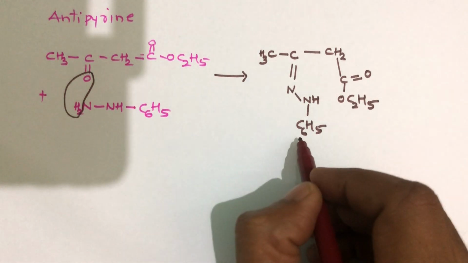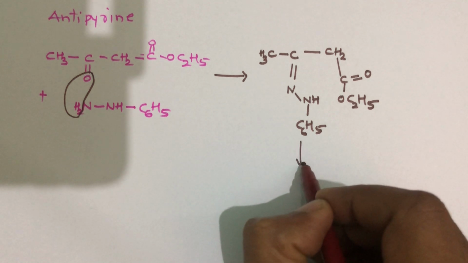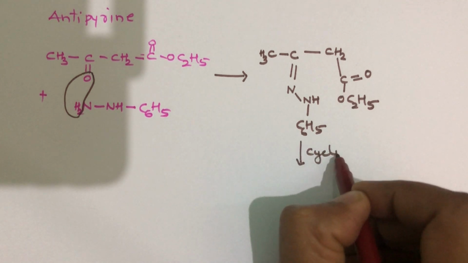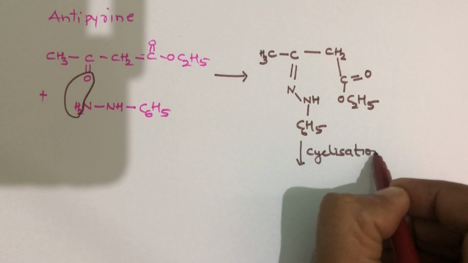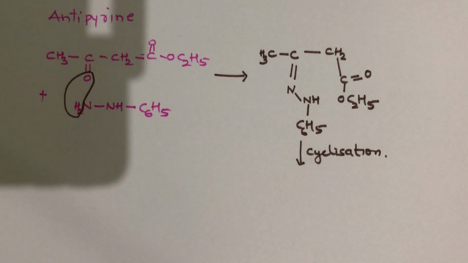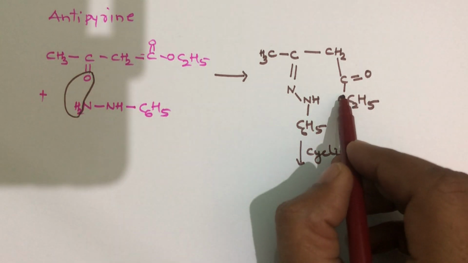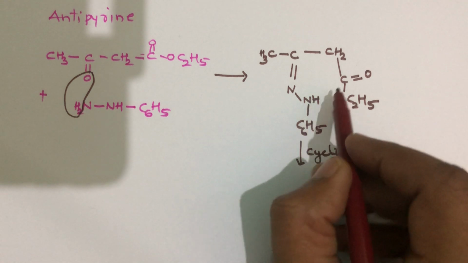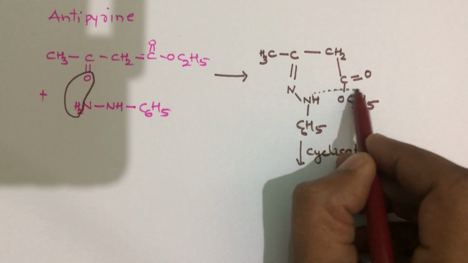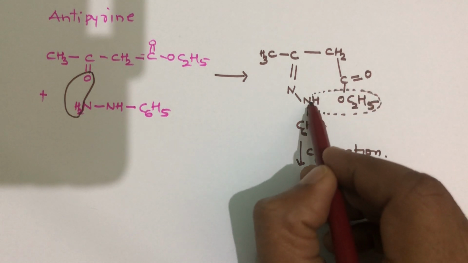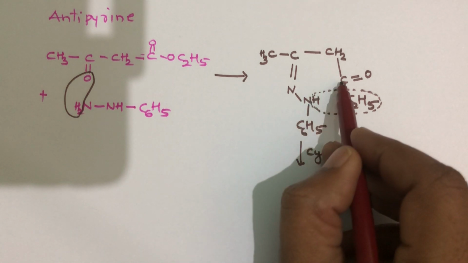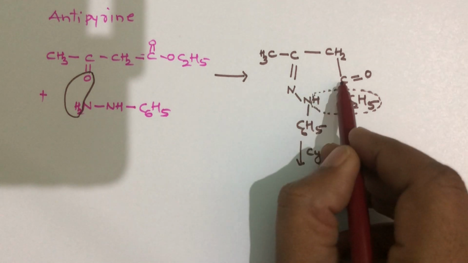This undergoes cyclization with the loss of ethanol, C2H5OH, and H goes off here. So a bond between nitrogen and carbon is formed. This contains a lone pair, hence it attacks this.